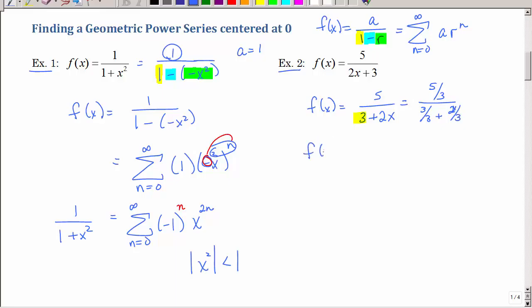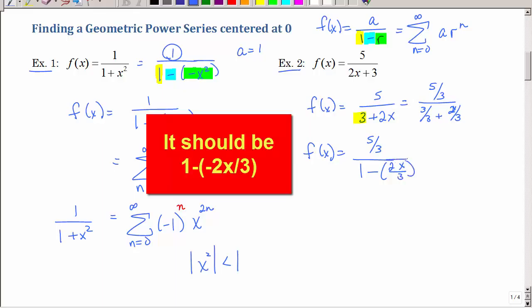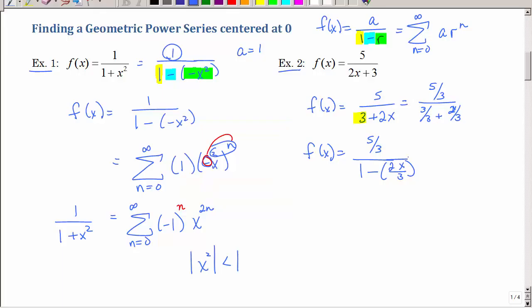So now I have f of x equals 5/3 over 1 minus 2x over 3. So just a little bit of rearranging of algebra. So now we're going to compare it to the format that we need. So I can see that a is 5/3 and r is, oops, I dropped a negative, is negative 2/3 x.